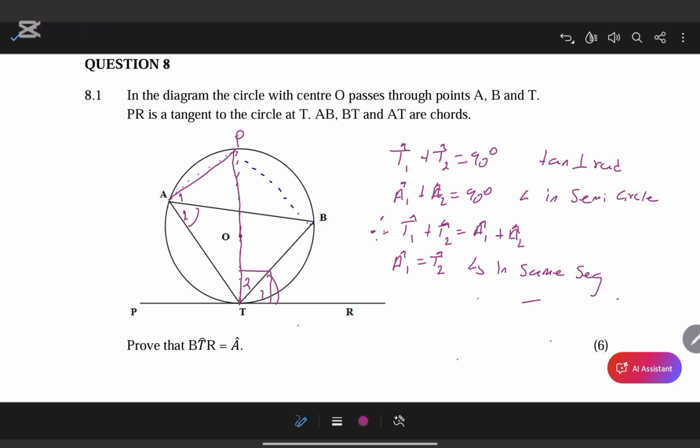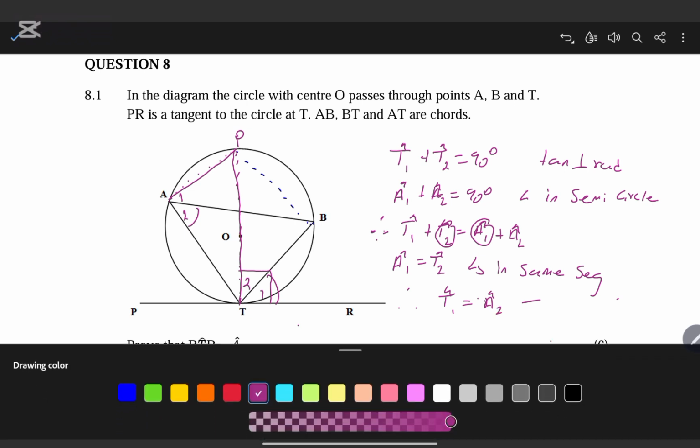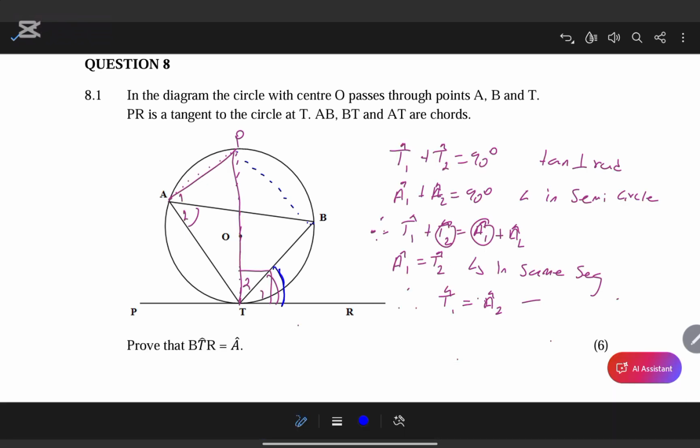Angles in the same segment. Therefore, angle T1 is equals to angle A2. And this is what we needed to prove, that angle T1 here is equals to angle A2. That is the other option that we can use.